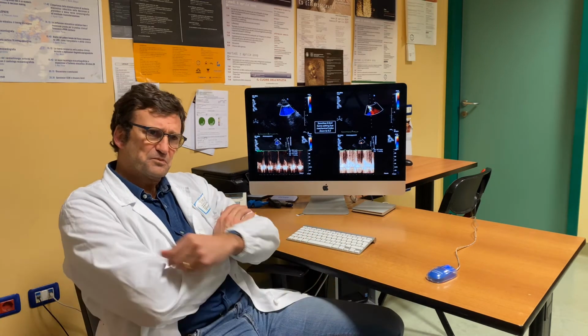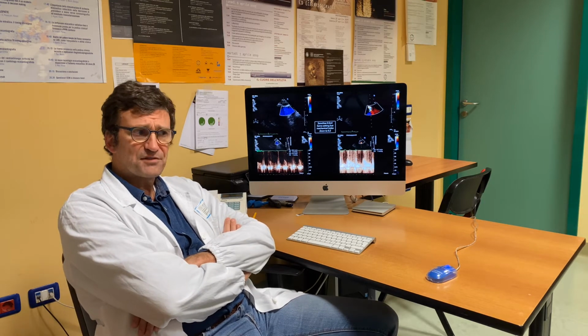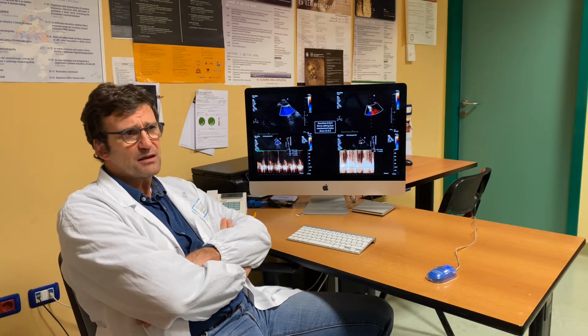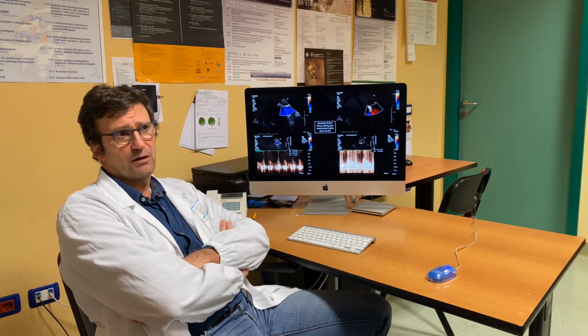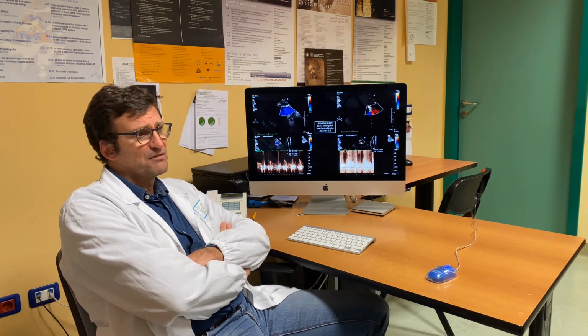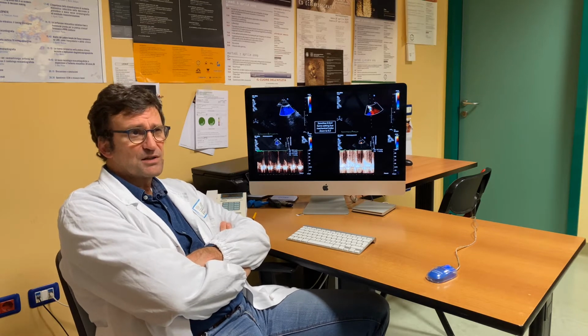So the normal values are above 2, isn't it? Yes, we use this very easy cutoff, which is 2.0. I think there is only one exception to this cutoff, which is in athletes. Basically athletes have a very high coronary flow reserve, and 2.0 is not fit for all.